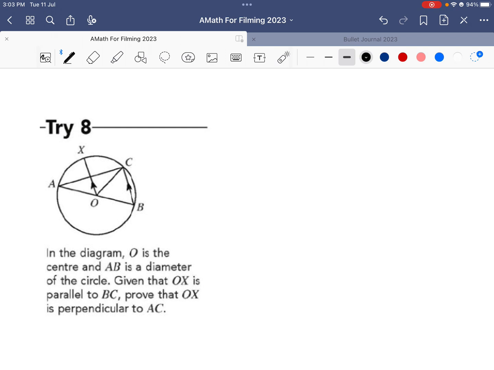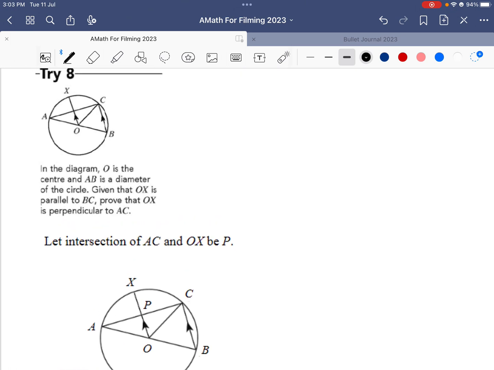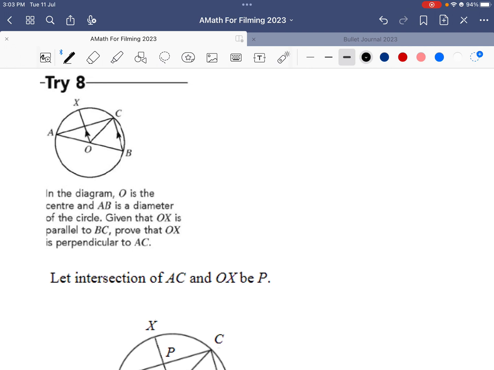Now, can you pause the video and try it before I unpause the video? For the try it itself, in the diagram, O is the center, AB is the diameter, and OX is parallel to BC.